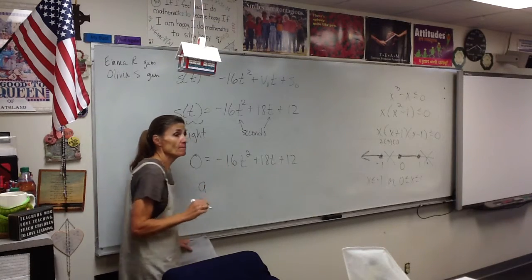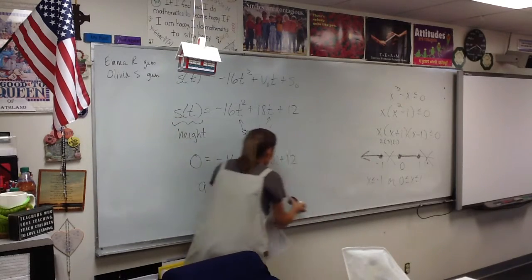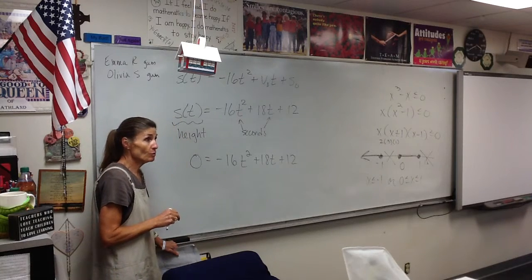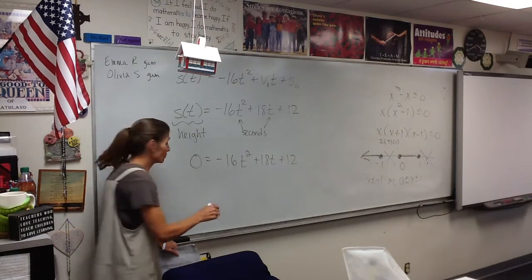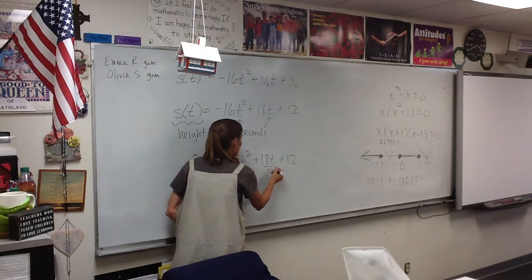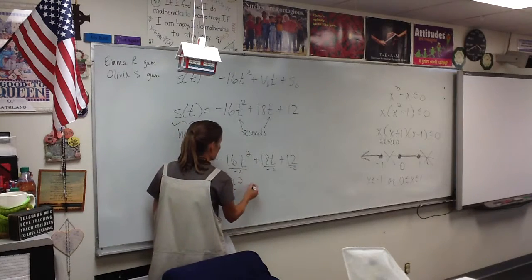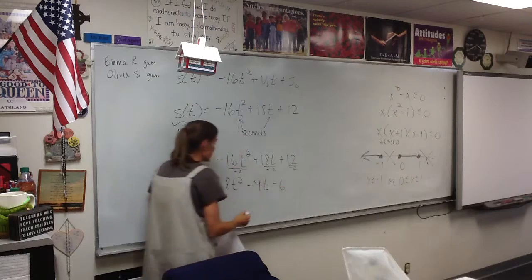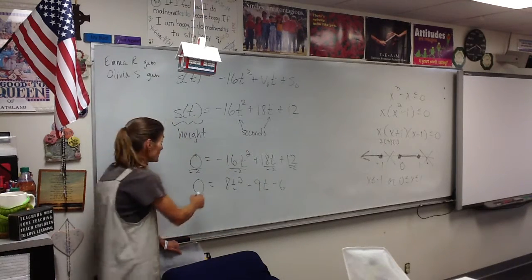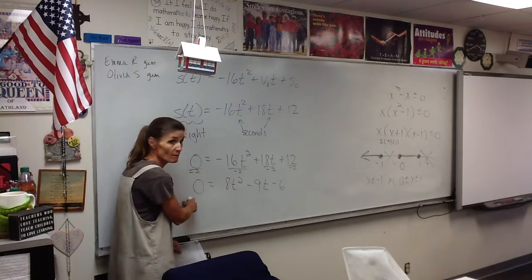Now, let me say something. If you want, you could divide everything by negative 2. That's if you wanted to. You don't have to. But if you divide everything by negative 2, all that's going to do for you is make your numbers a little bit smaller. So this step is completely optional. You don't need to do this. Does everybody understand that?